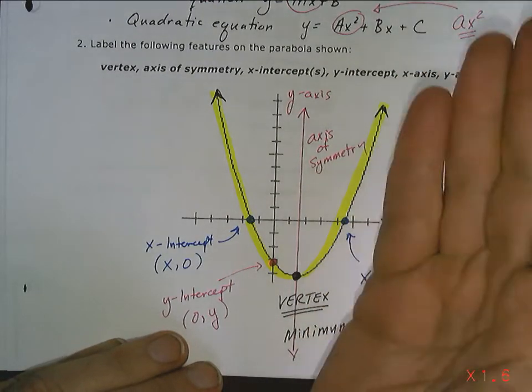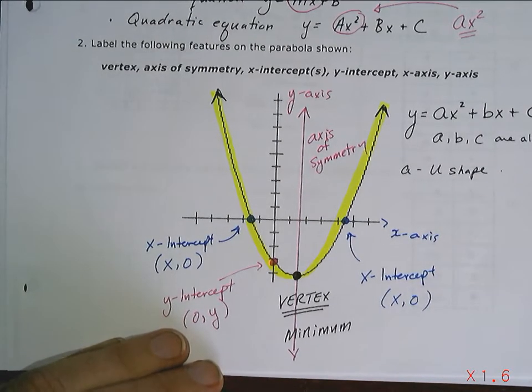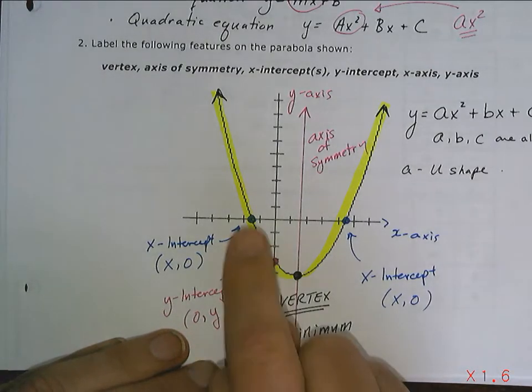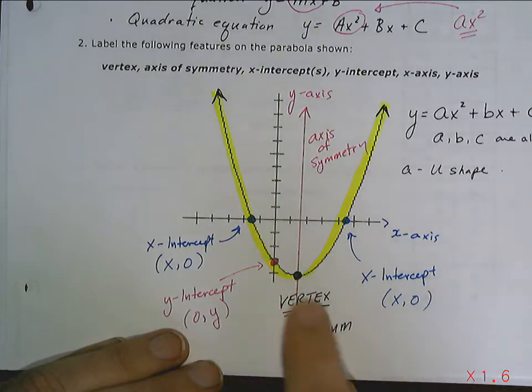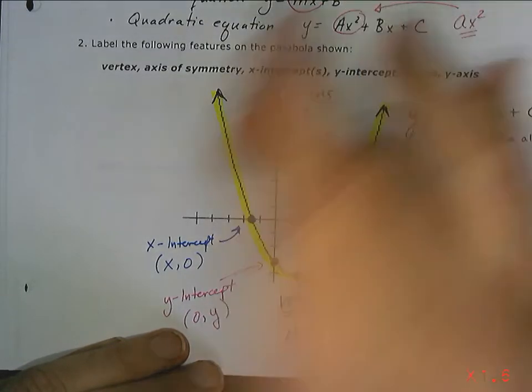It's just flipped over. It's like a reflection. So we call that symmetric. And these are all the important points on any parabola. So a parabola has the following important features. It has x-intercepts, it has y-intercept, it has a vertex, and it has an axis of symmetry.